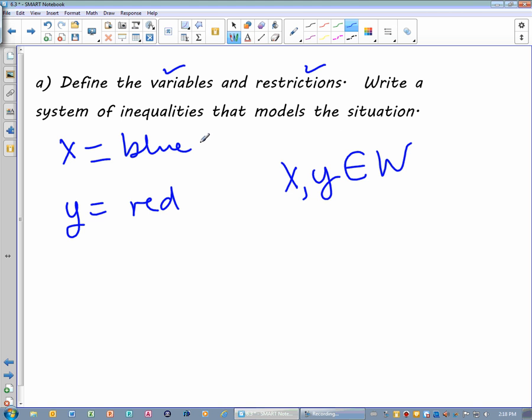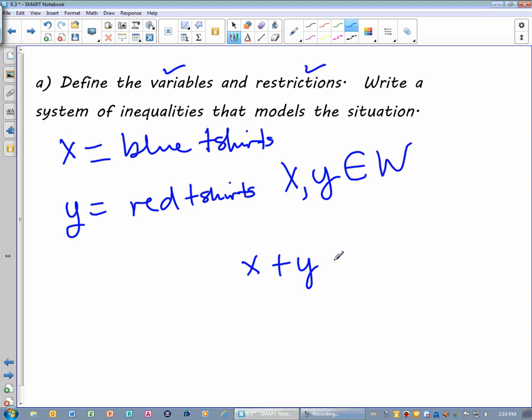So remember, x stands for blue t-shirts and y stands for red t-shirts. And they said that the band committee has 500 t-shirts to sell. Okay, so my first equation is going to be x plus y, the number of t-shirts.